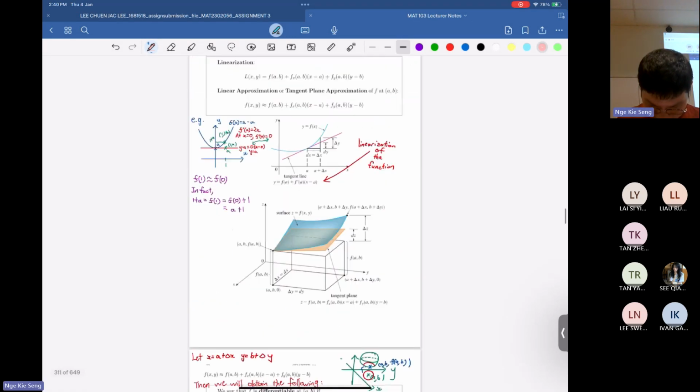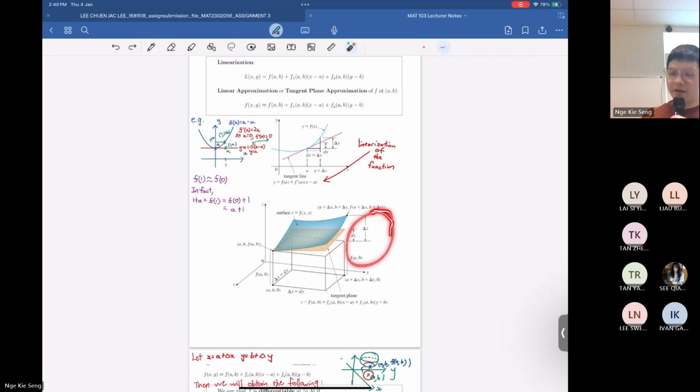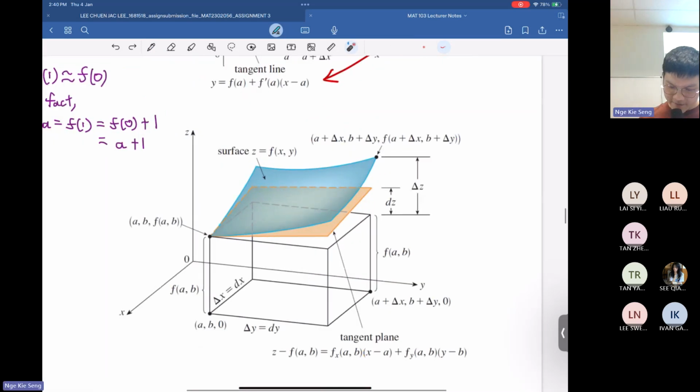Where's the delta Z you see? This delta Z? Zoom in. Is it this delta Z? Okay, then this is what I said just now. This delta Z here is the difference between the actual point and the, okay, wait.